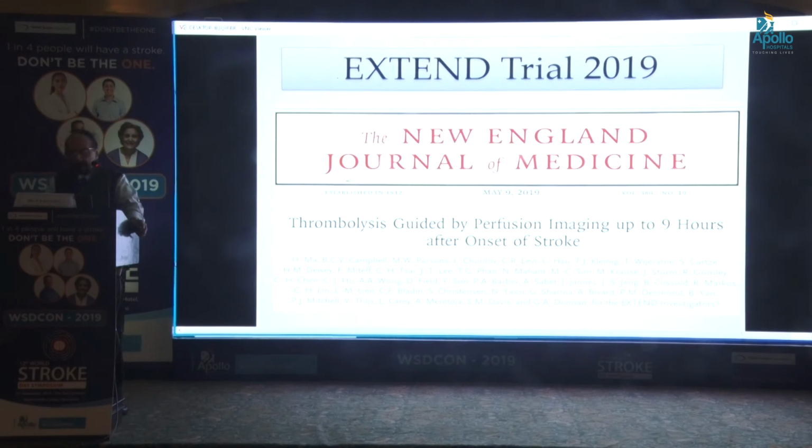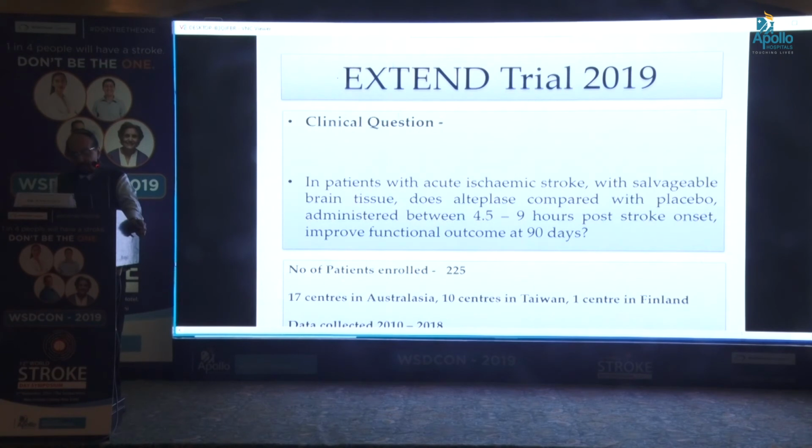Then came the EXTEND trial, 2019, and I had the good fortune of hearing the gentleman who did this trial. His name is Henry Ma, and what a fantastic presentation it was. And let us see what he found from 4.5 hours to imaging in these patients.